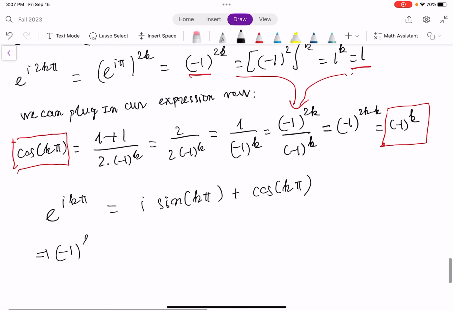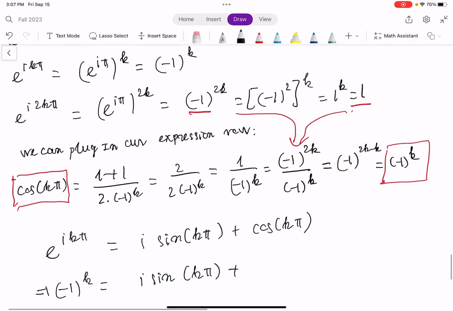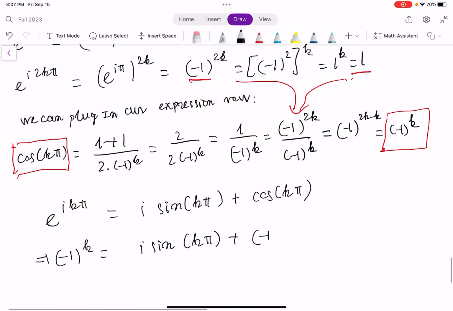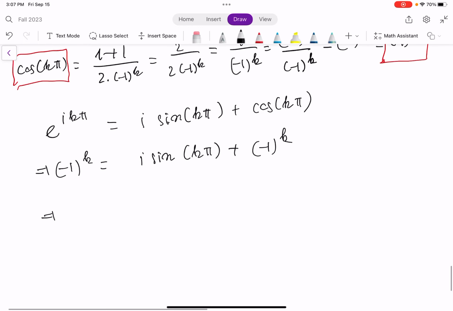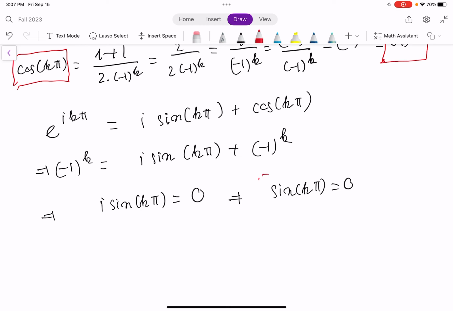Negative 1 to the power k equal to i sine kπ plus cosine kπ. Do we have that? Yes, we do. Negative 1 to the power k is a theorem we just proved, and now we can use it wherever we want. Okay, and then if you subtract both sides, you get i sine kπ equal 0. So you can say sine kπ equals 0.